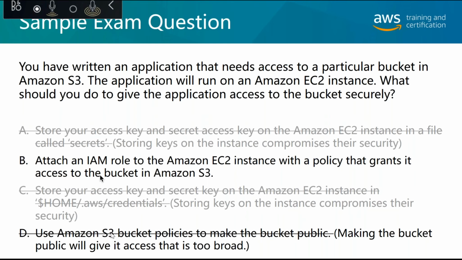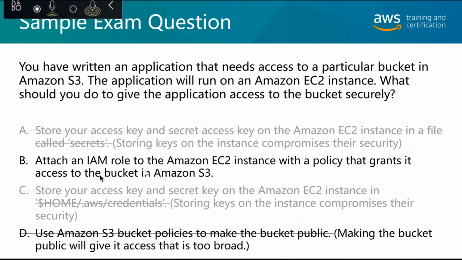So again, whenever you have an application that needs access to a particular bucket, and you know the application is running on EC2, so it's in AWS, right? An IAM role is always the best option when you're in AWS.